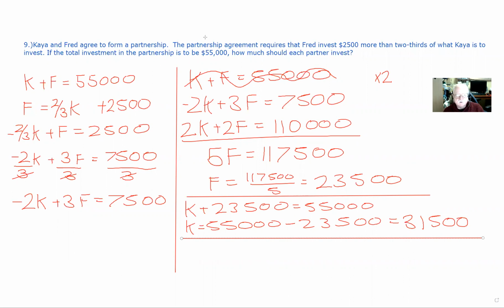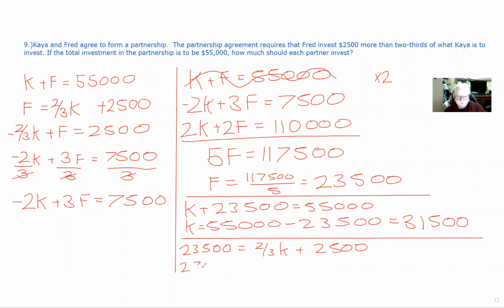So the other equation was F, which we think is 23,500, equals 2 over 3 K plus 2,500.